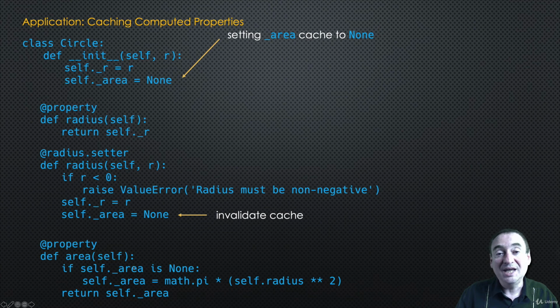If area already had a value, if it was not None, then I would bypass recalculating the area and just return whatever was in the cache. So this is a lazy evaluation. It doesn't calculate area until it's actually requested. And then for subsequent calls to the area property, if the radius hasn't changed, it doesn't have to recompute the area. It just uses the _area cache. So this is a very common use case for properties.